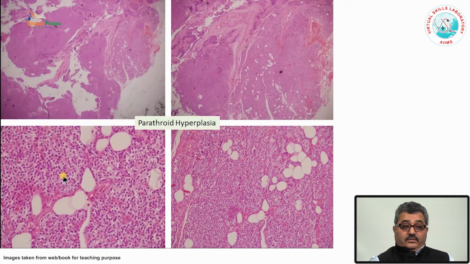If you go to higher magnification or see the electron microscopy, some of these clear cells also show increased lipid content in the cells. So one of the most important differential diagnoses from adenoma is the presence of fat inside the cells as well as between the cells, which is usually absent in adenomas.